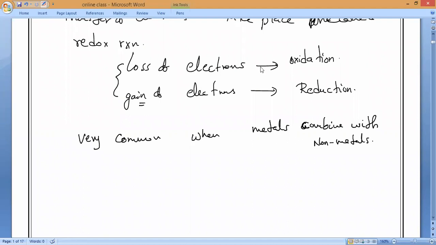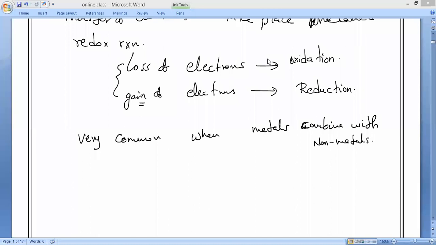So oxidation and reduction reactions take place only when metals combine with non-metals, because loss and gain of electrons take place only between metals and non-metals. That is what you have to remember.